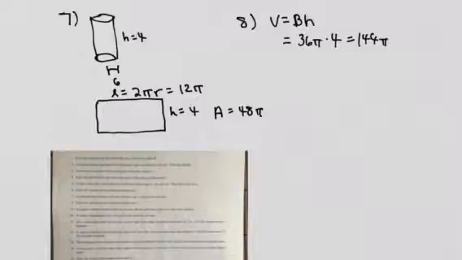I might try to do another one. Yeah, let's try it. Now we got a pyramid, and it is a regular square pyramid. It has a lateral area of 60 meters squared.